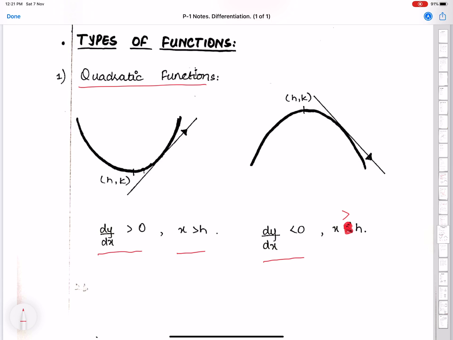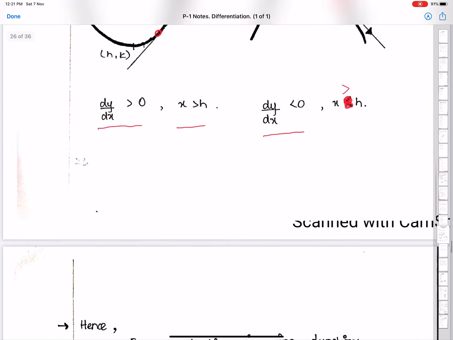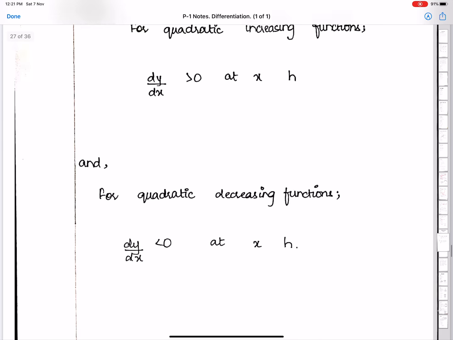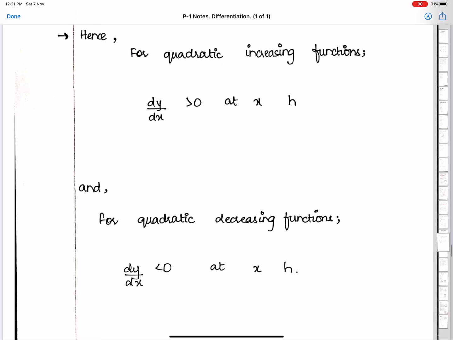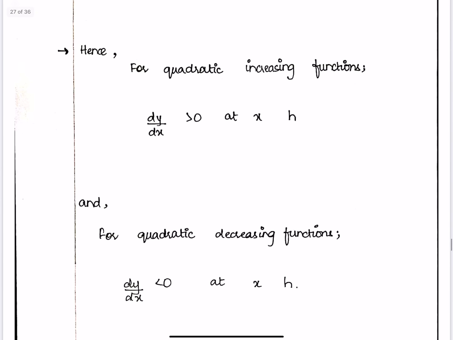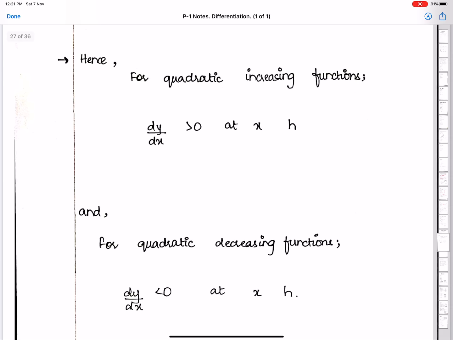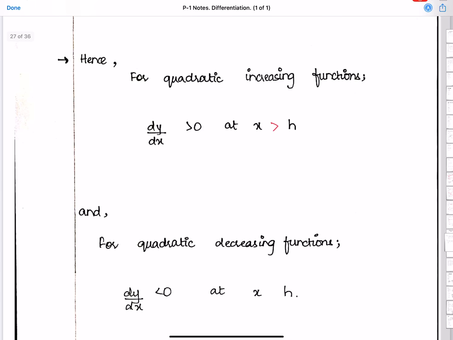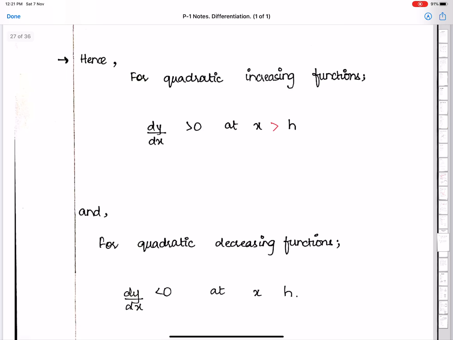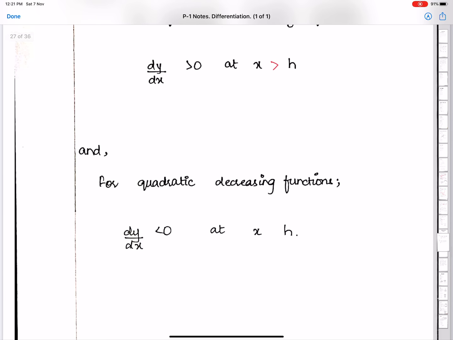This is x greater than h because we make the tangent at x greater than h.